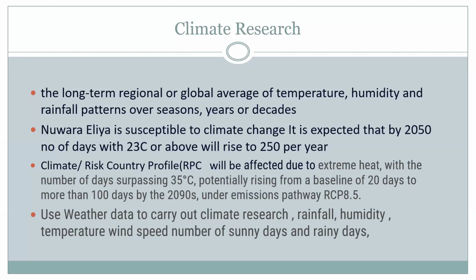It is expected that by 2050, the number of days with 23 degrees or above will rise to 250 per year, out of 365 days. Now it is say 200 per year, but by 2050 it will be 250 per year. That is a climate research outcome.